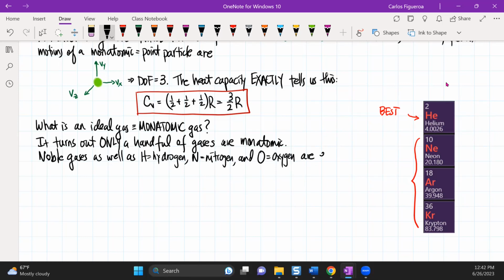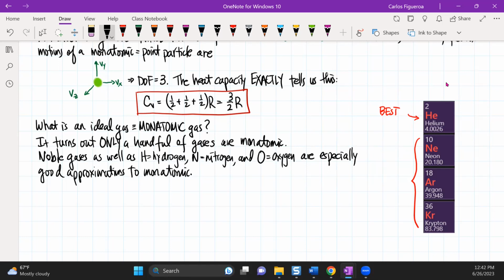Are especially good approximations to monatomic.